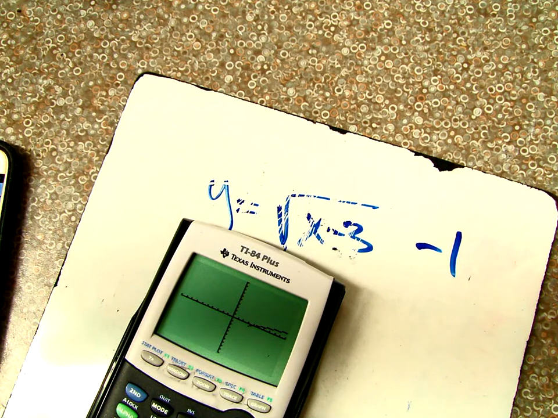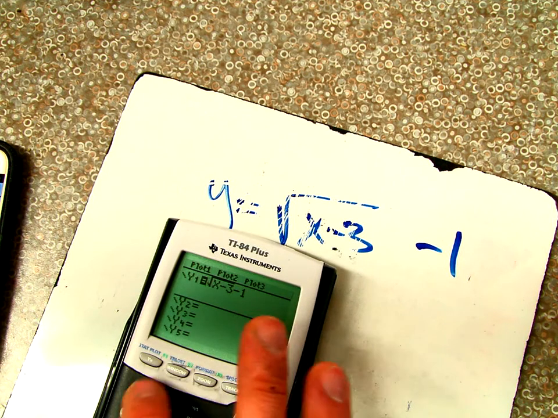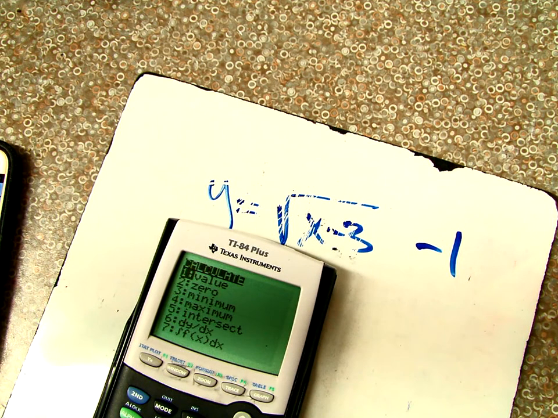So to find the minimum, you do second calc, and it's a minimum. Got to move to the left. See, and it's gone because it's not over there. We can go to the right, and then we guess. Oh, I didn't go far enough to the right.